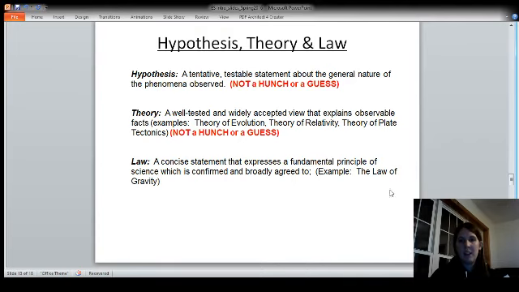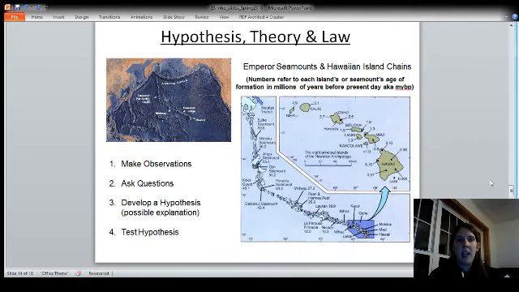Okay. And then a law is a concise statement that expresses a fundamental principle of science, which is confirmed and broadly agreed to. For example, the law of gravity. Okay, so this is a fundamental principle that is widely accepted, that has been supported by testing and experimentation, and has not been refuted.